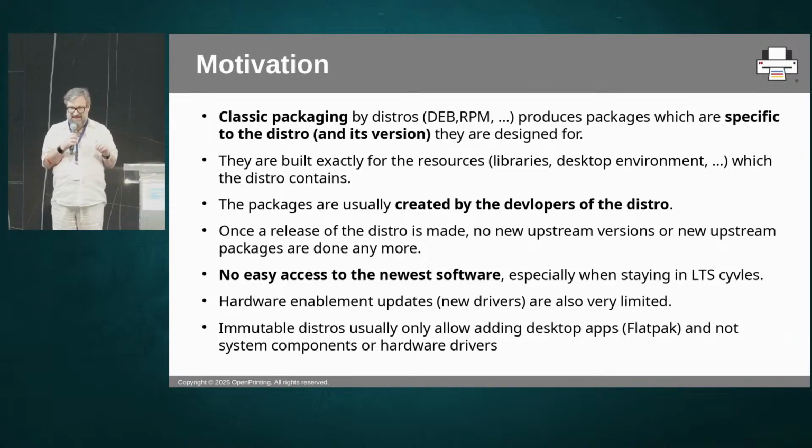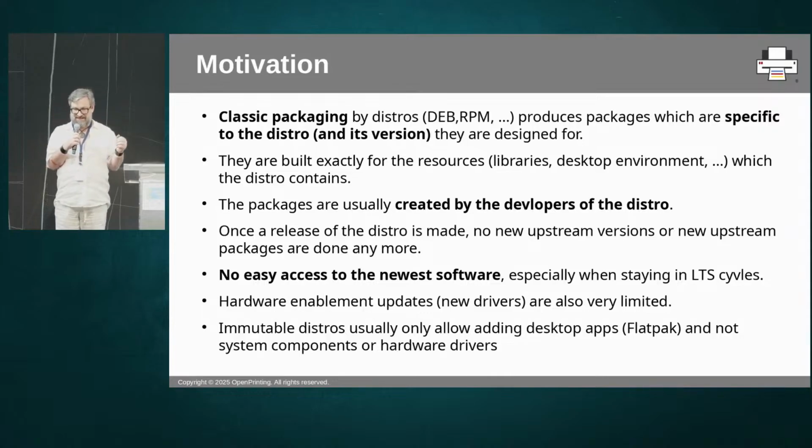And also we have the case that when you have a certain distribution, the ones which are really made for the end users are more the long-term support distributions, and they have a release cycle of 2 years or so.